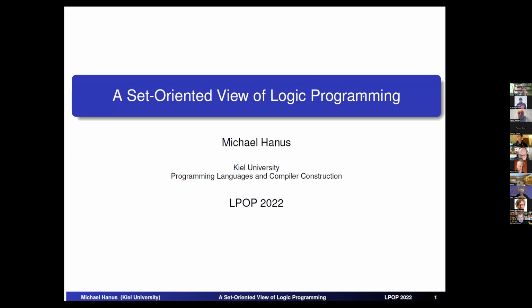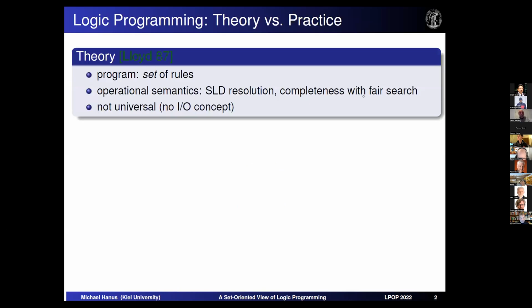Basically, this is a position paper where I want to argue for a more set-oriented view of logic programming. It is motivated by the gap between theory and practice. In the theory of logic programming, a program is considered as a set of rules, and the operational semantics is LD resolution.